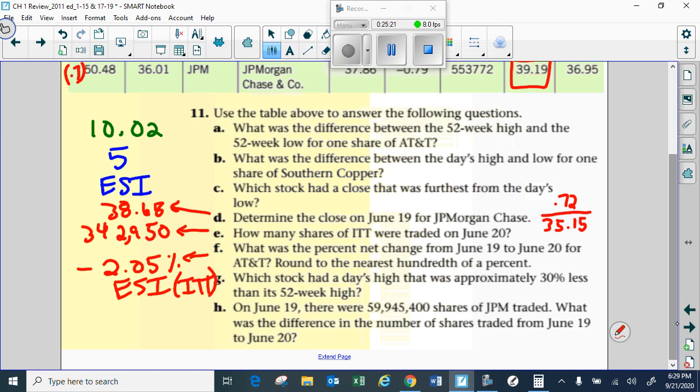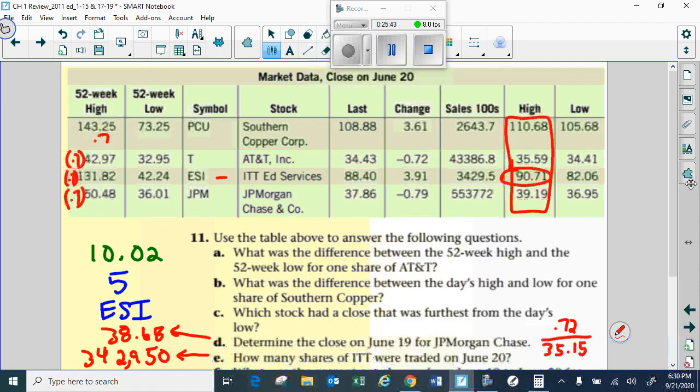ITT Ed Services. All right, last one. On June 19th, there were 59,945,400 shares of JPM traded. What was the difference in the number of shares traded from June 19th to June 20th? So there we know June 19th, and then on this one we can get June 20th, and this is of JPM. So look at this one.